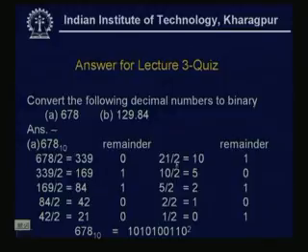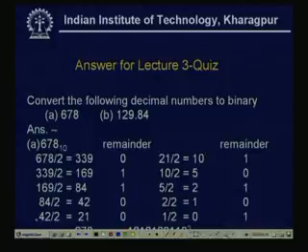Again it continues here, 21 divided by 2, the remainder is 1, then the remainder is 1, then the next remainder is 0, next is 1, like that.